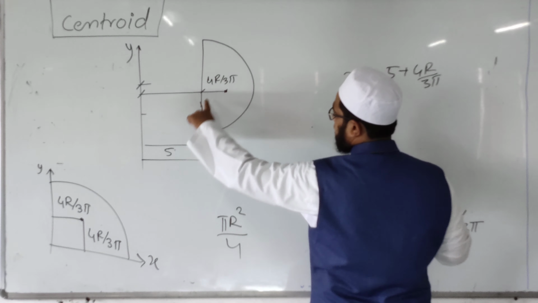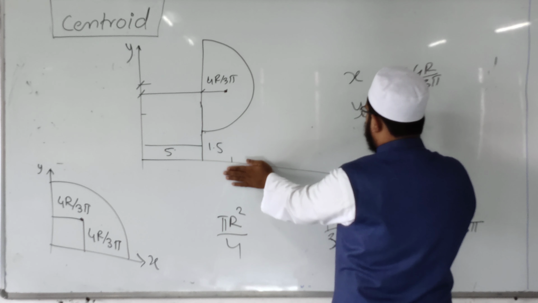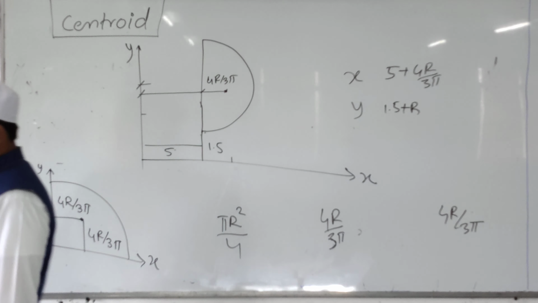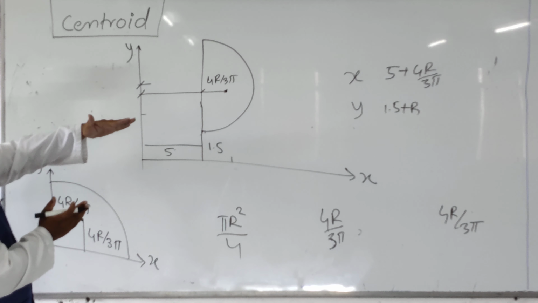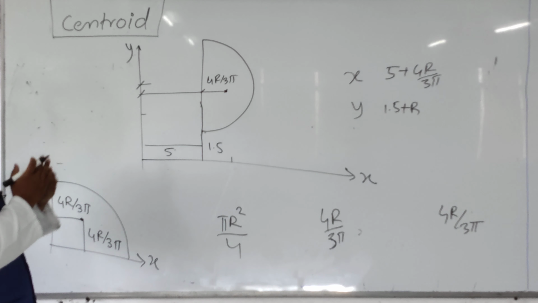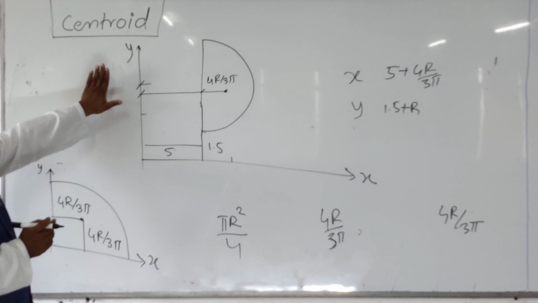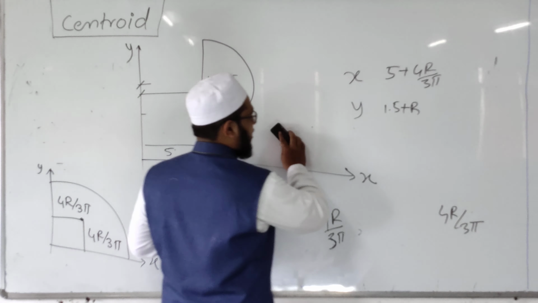And for y, I require the distance from x axis, so 1.5 plus r. Like this, depending upon the position of the standard figures and the position of the reference axis, we have to measure the coordinates of the point.